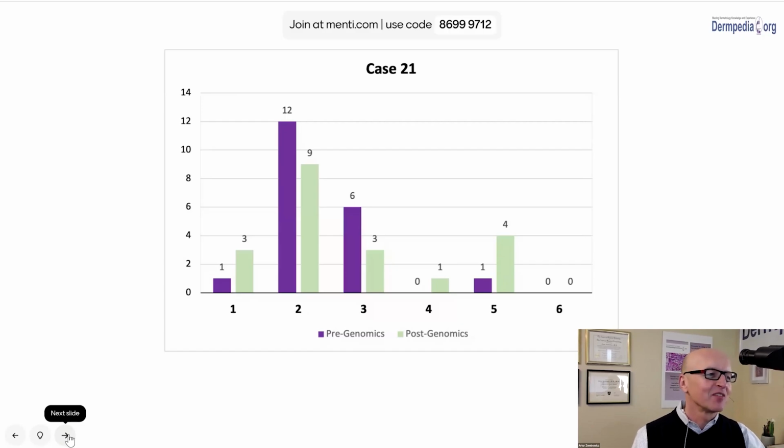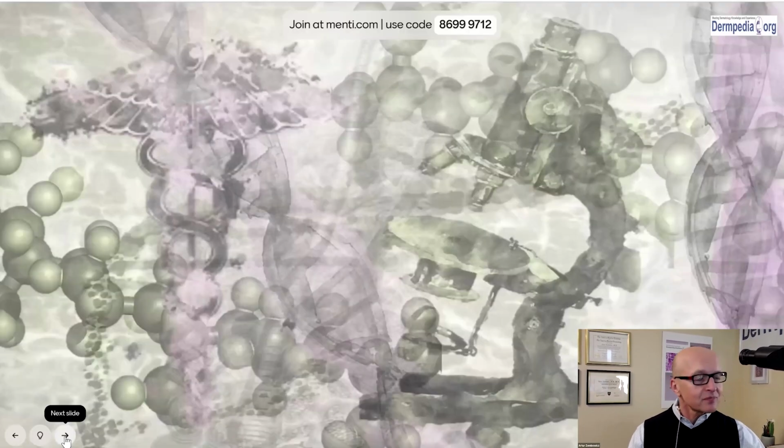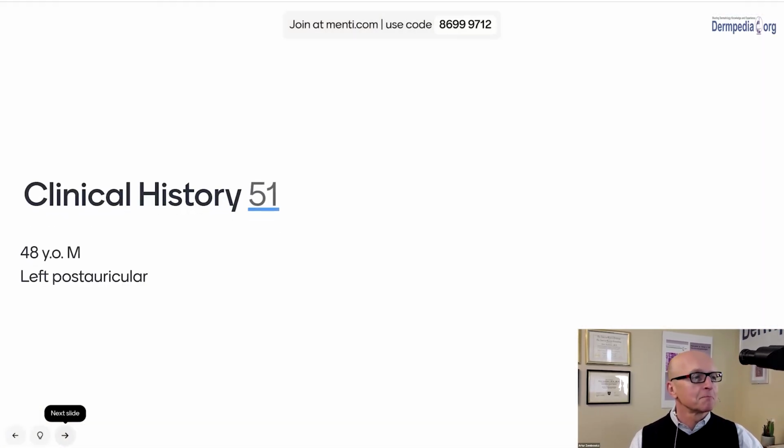We have time limitations here, so I will not go into more detail, but there are differences between different types of genetic abnormalities in the NF1 gene, because it is a tumor suppressor gene, and there are certain principles that you will learn on how to look at this genetic data and what is important and what is not. So a typical desmoplastic nevus, I think, would be the best diagnosis.